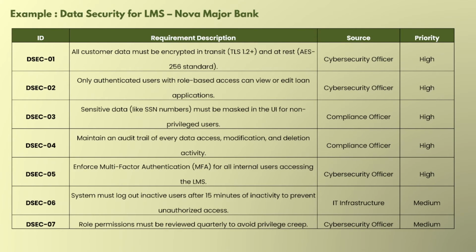Similarly, for data security in the loan management system, an ID is provided, and the requirement is that all data must be encrypted in transit and at rest, using AES-256 standards. Generally the source of such a requirement is the cyber security officer, and again its priority is very high.